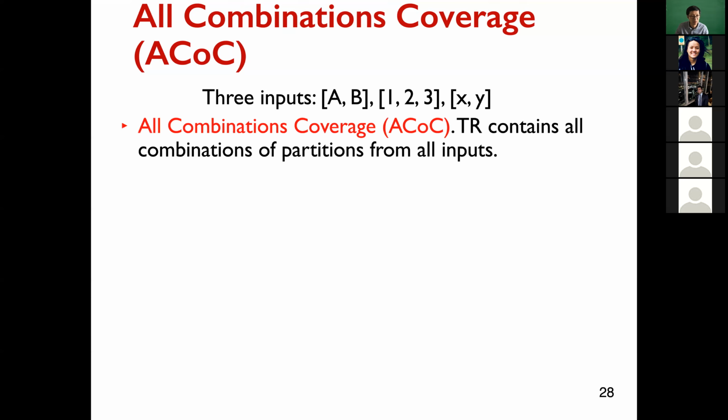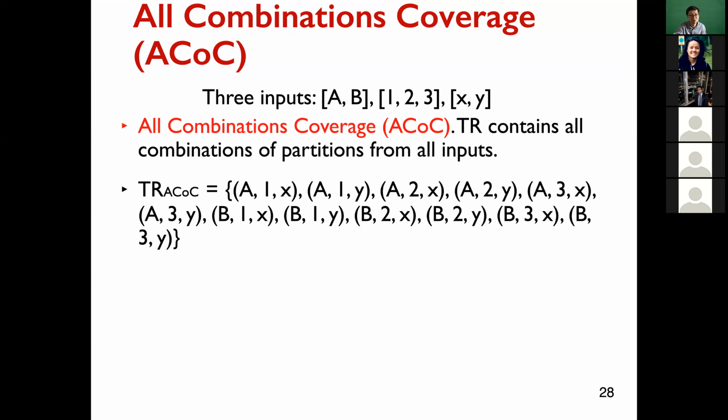Okay. So in order to design this test case, we need to consider all the combinations, right? For example, for the first input, we need to consider A, and we also need to consider A being combined with each of the values of the second input and the values of the third input.